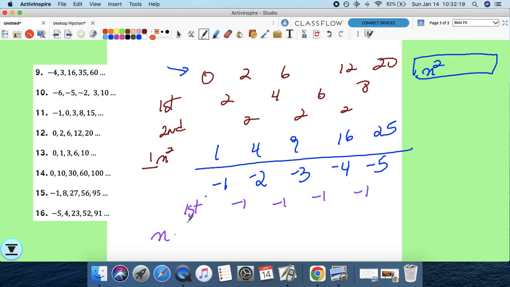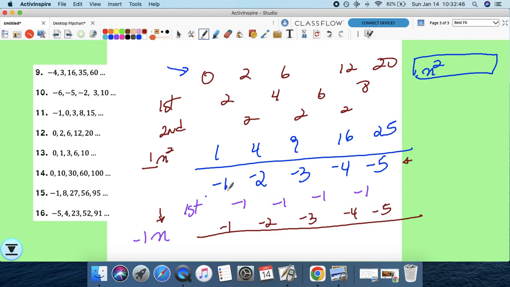So our linear part of this sequence is a negative 1 n sequence. Let's find out what the first 5 terms are. Plug in 1, 2, 3, 4, 5 and see what you get. If you plug in 1, you get negative 1. Plug in 2, you get negative 2, 3, 4, 5, which is exactly what's left over when you subtract.